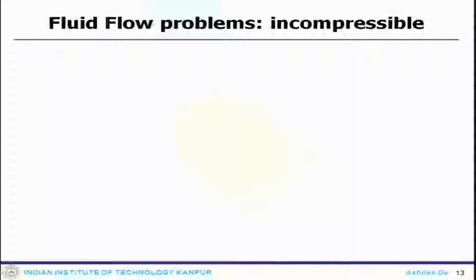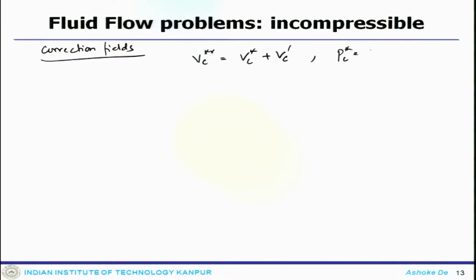So, the correction fields are now the correction fields one can obtain as Vc double star equals Vc star plus Vc prime, and Pc star equals Pc n plus Pc prime.